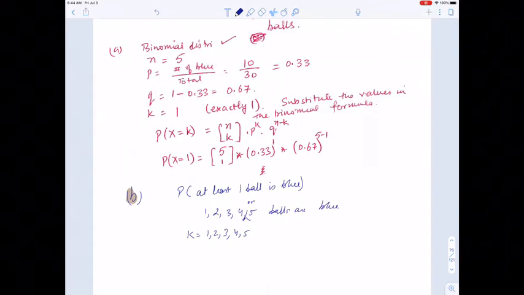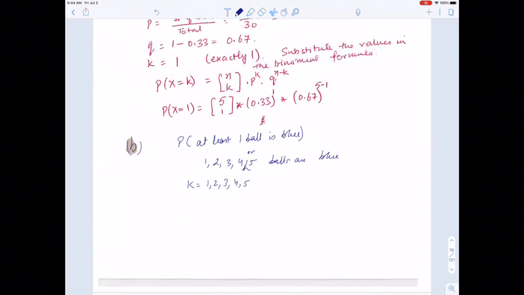Now we can calculate the probabilities of each one of these using the binomial formula and add them all up, because it's OR and they're mutually exclusive. But there's a faster way to do it. What is the sample space for this variable? 0, 1, 2, 3, 4, 5. We know the probability of the sample space is equal to 1.